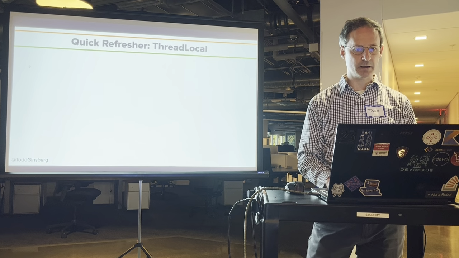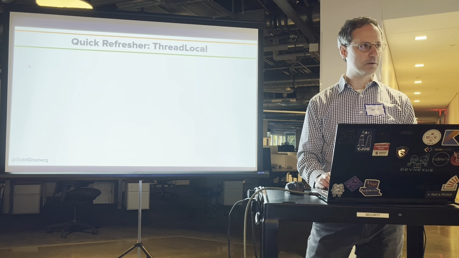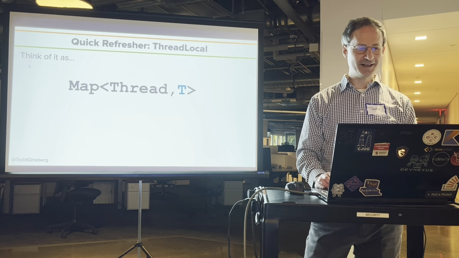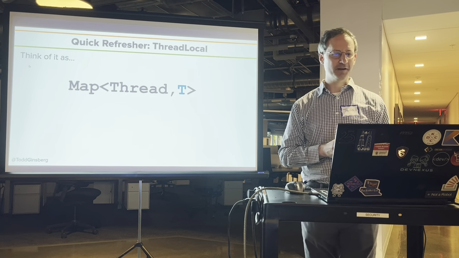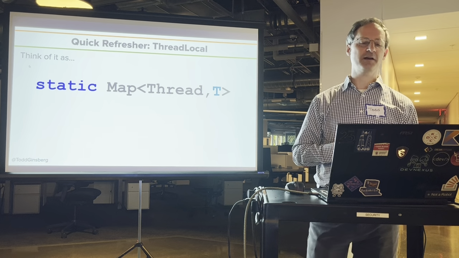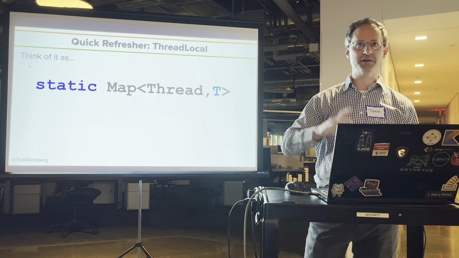Scope values. Has anybody here used ThreadLocal? It's been in Java since 1.2. I know you have. Raise your hands. You're all guilty of this. So if you haven't used it, it's like a static map where the key is a thread and there's some value associated with that thread.